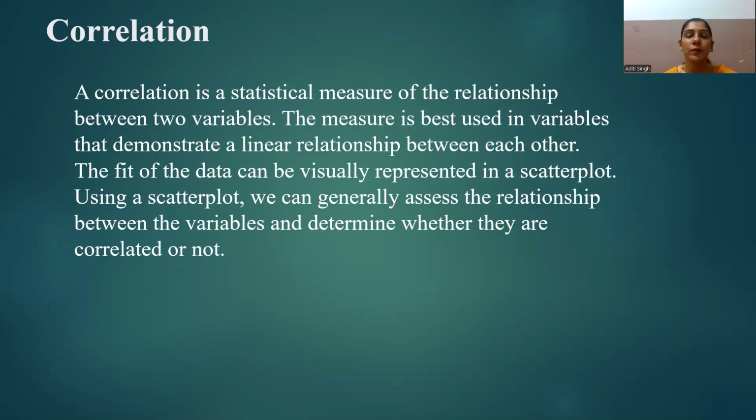The variable can be a dependent variable and it can be an independent variable. It is very important for calculating correlation among the variables that the data should be quantitative.